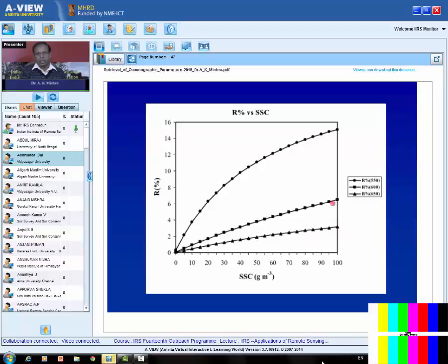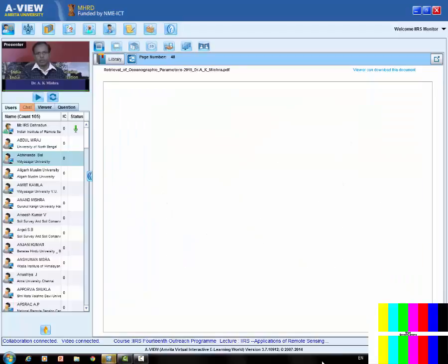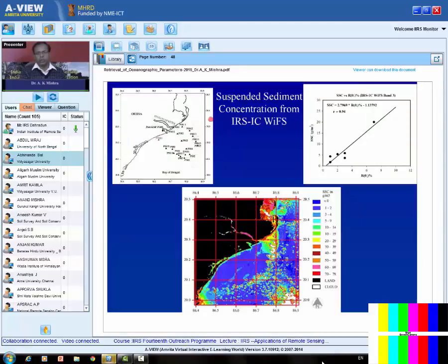But as the wavelength is going to a shorter one, that is a smaller wavelength region, from red to green, the relationship is becoming non-linear. So you have to consider which waveband you are taking.